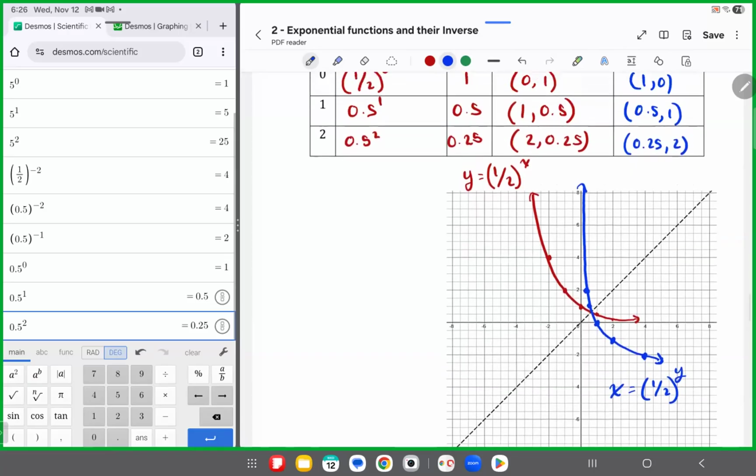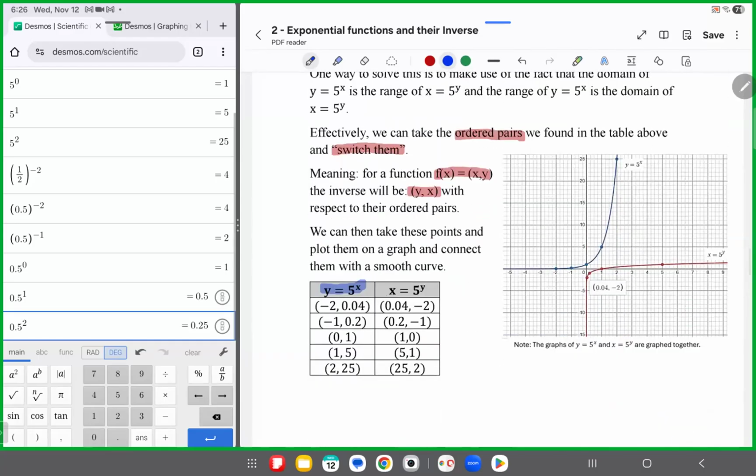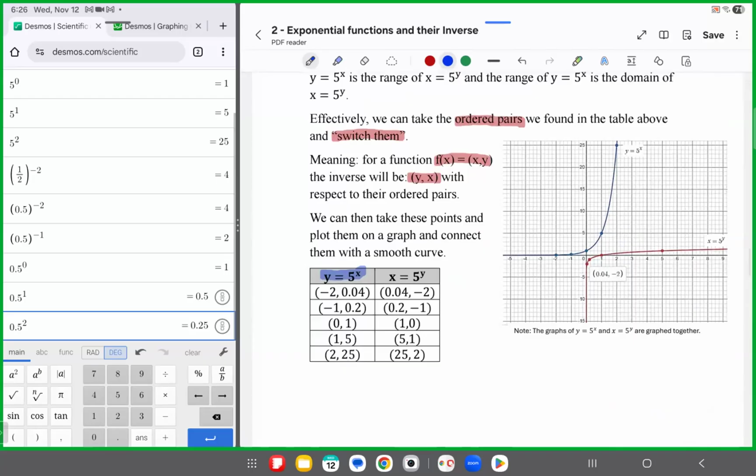And so you can see for this, this is a little bit different from the graph from above. So you can see it was much cleaner. Does the same here. We have a vertical asymptote at x is equal to 0, and in the original function y is equal to (1/2)^x, we have a horizontal asymptote of y is equal to 0.